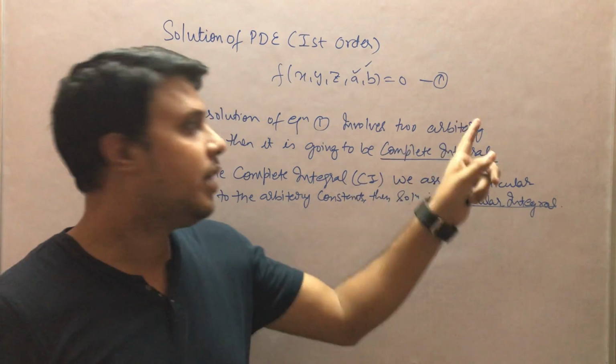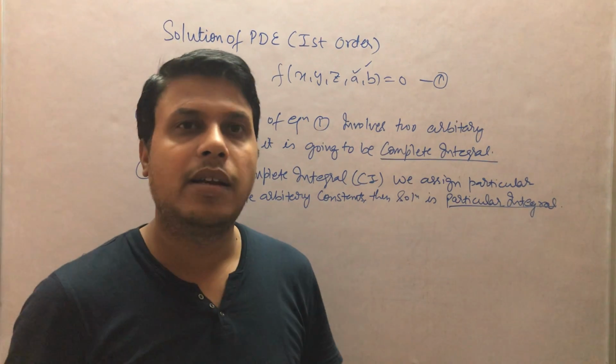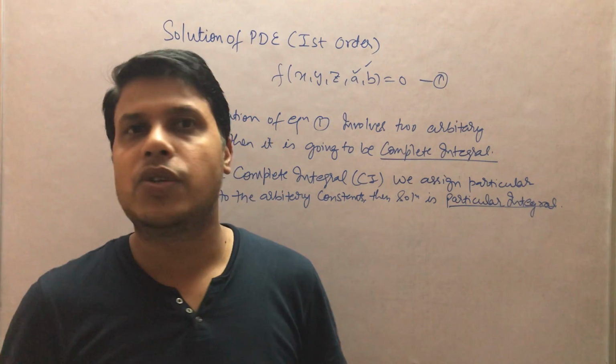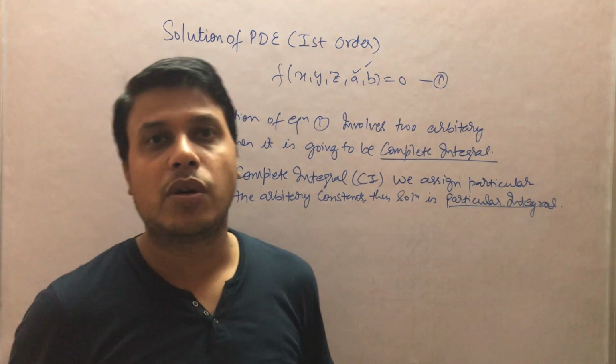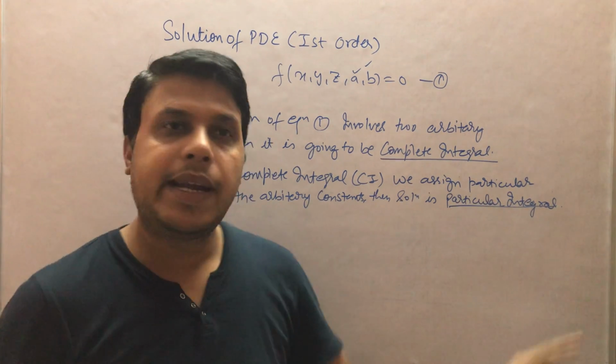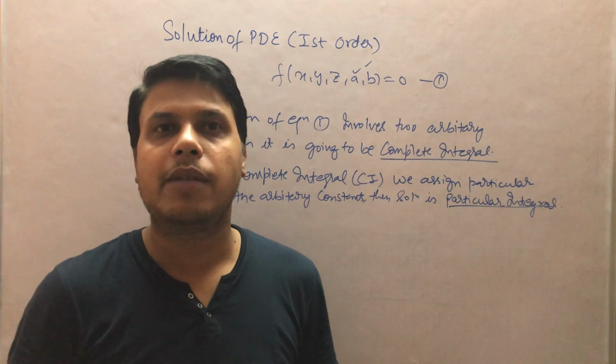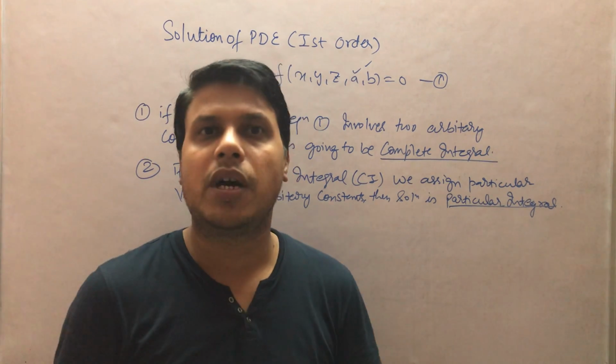And if in the CI, or complete integral, we assign certain fixed values to the arbitrary constants, then the solution so obtained is called the particular integral. Why particular integral? Because we are assigning particular values to the arbitrary constants.